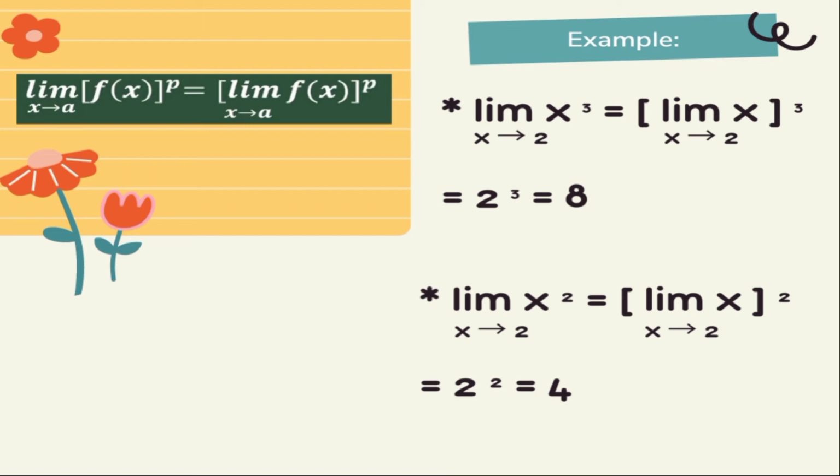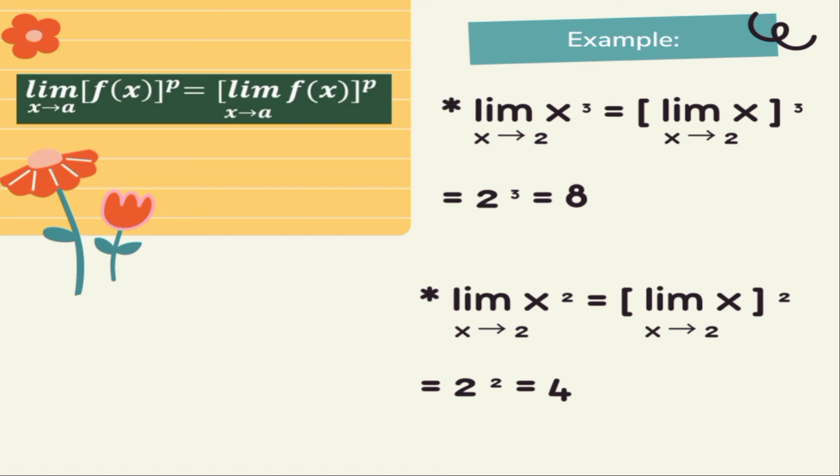For our second example, we have the limit of x as x approaches 2, raised to 2. Applying theorem number 7, that would be the limit of x as x approaches 2, raised to 2. We apply theorem number 2, so we get the value of where x approaches.